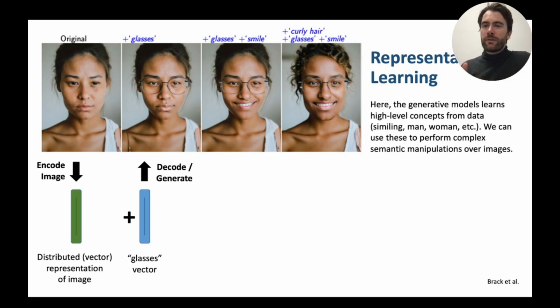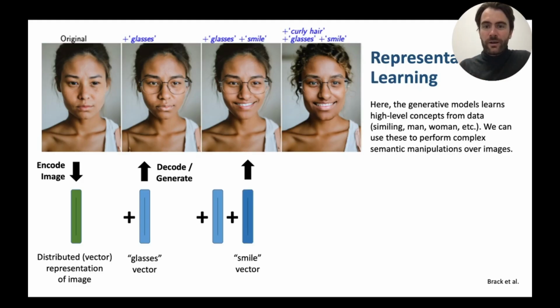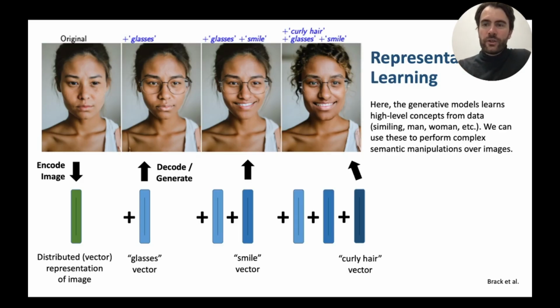And then we can similarly find another direction which corresponds to the person having a smile. And if we add that, then we also add a smile. So now we decode from the sum of these three vectors, and we now have an image that has a smile. And we can similarly generate a person with curly hair by finding the curly hair vector that modifies it.